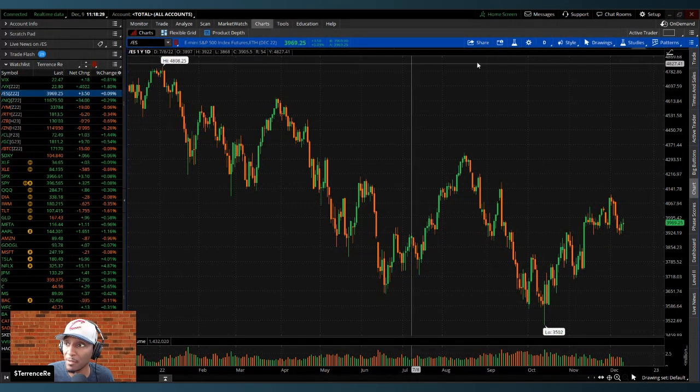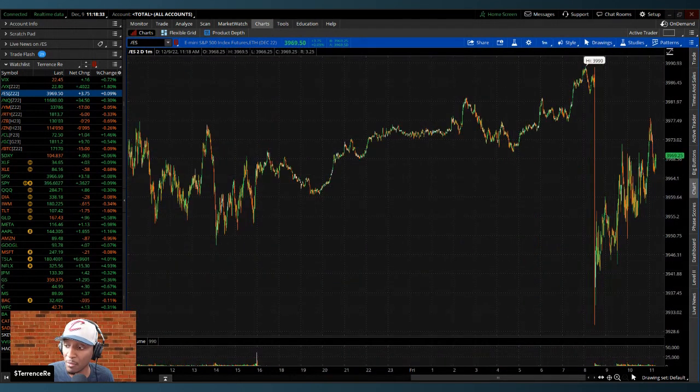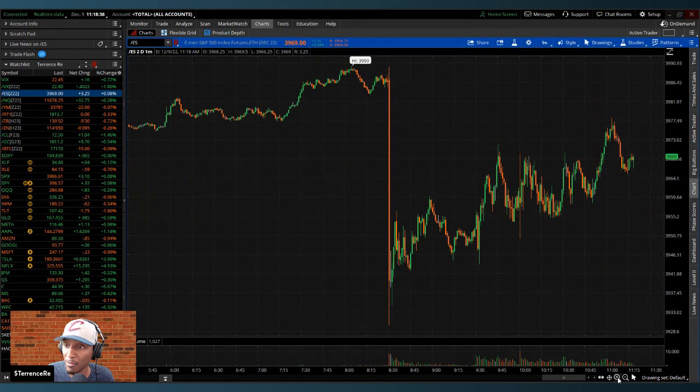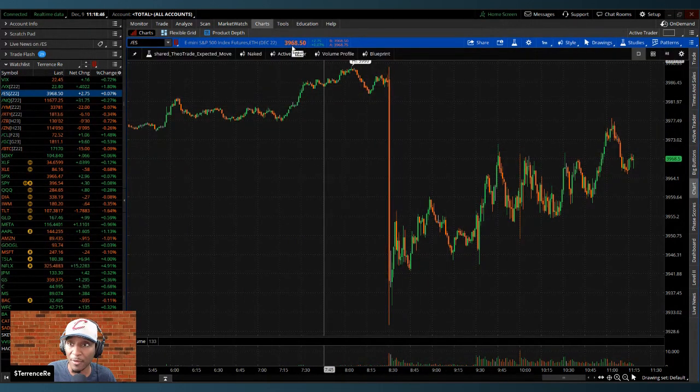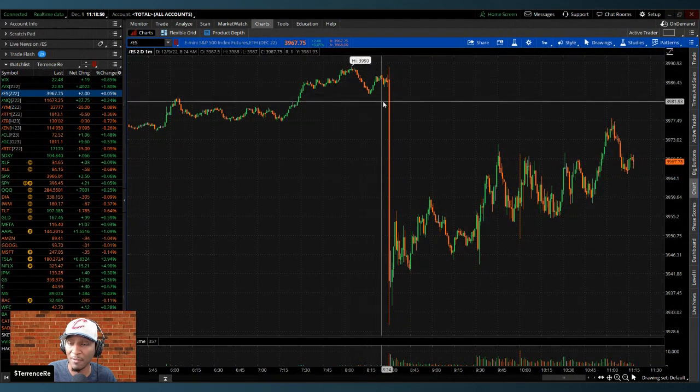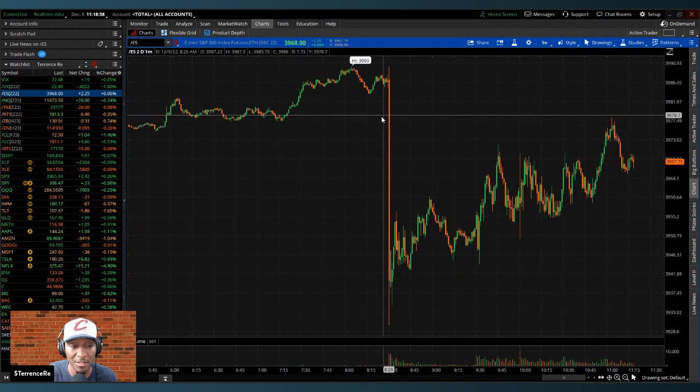But anyway, there are 4 ticks in a handle. I'm going to do this real quick just so you understand when I say these things, what I'm talking about. Now I am on the 1-minute chart. /ES can go from 3968.5 and then it can go up to 0.75 or down to 0.25. That is a tick. Each tick is 0.25 with /ES.